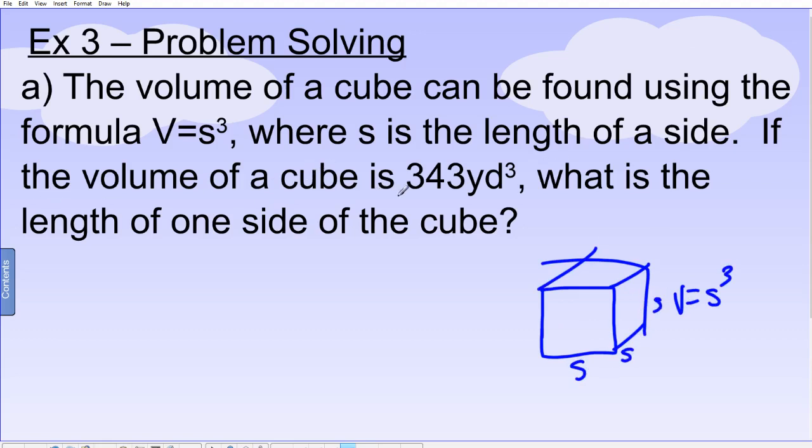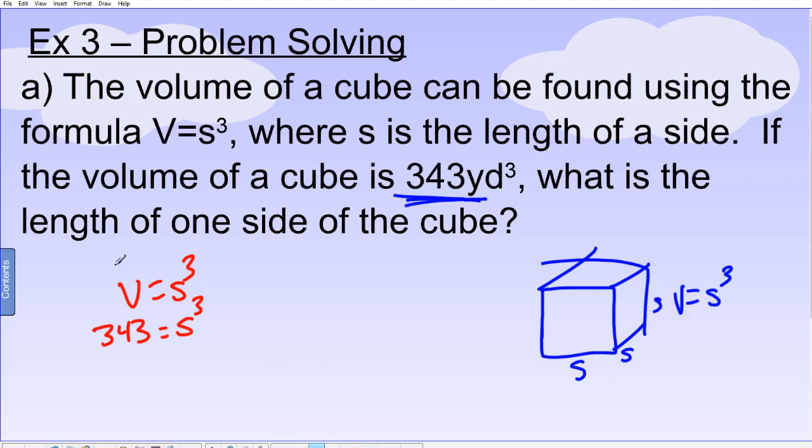If the volume of a cube is 343, what is the length of one side? So it's telling us the volume of this cube, I'm just writing down the formula again. The volume is 343. And they want us to find how big the length of each side is.